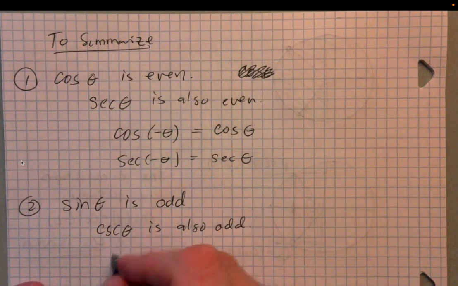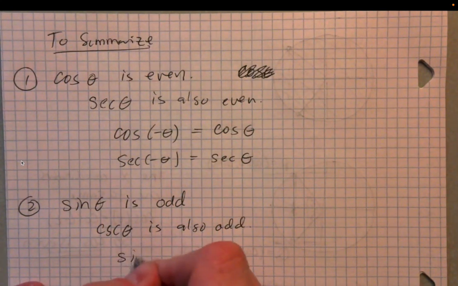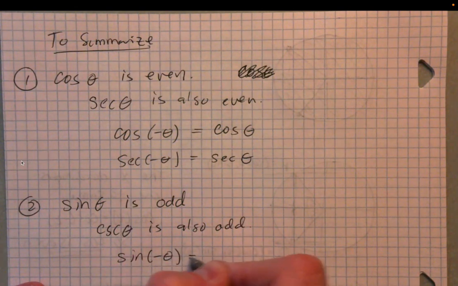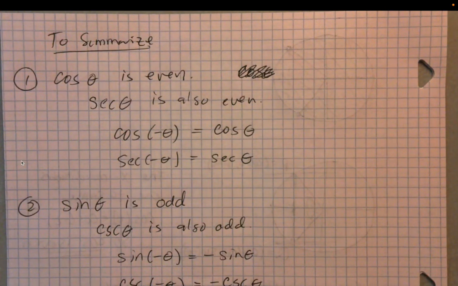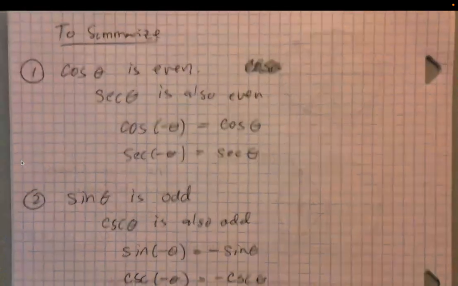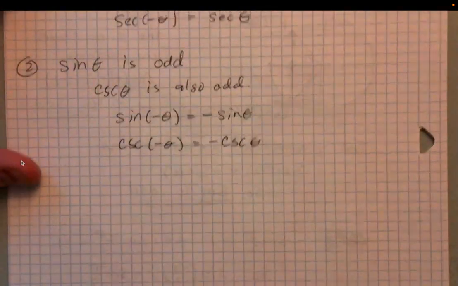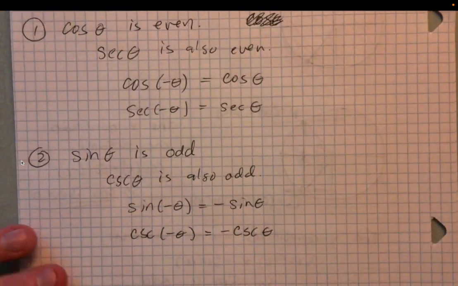Cosecant is also odd, and so what we can see here is that sine of negative theta is equal to negative sine theta, and cosecant of negative theta is equal to negative cosecant of theta. All right. And it turns out that the tangent and cotangent are also odd, right? And there's different ways to think about this.